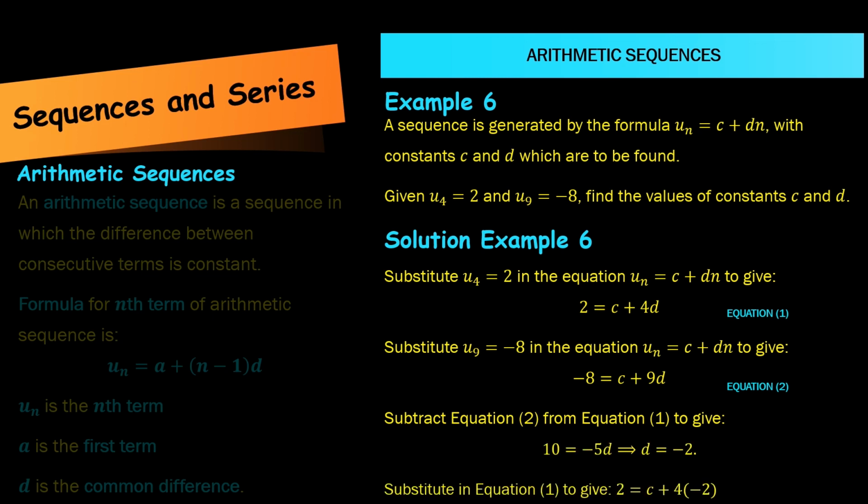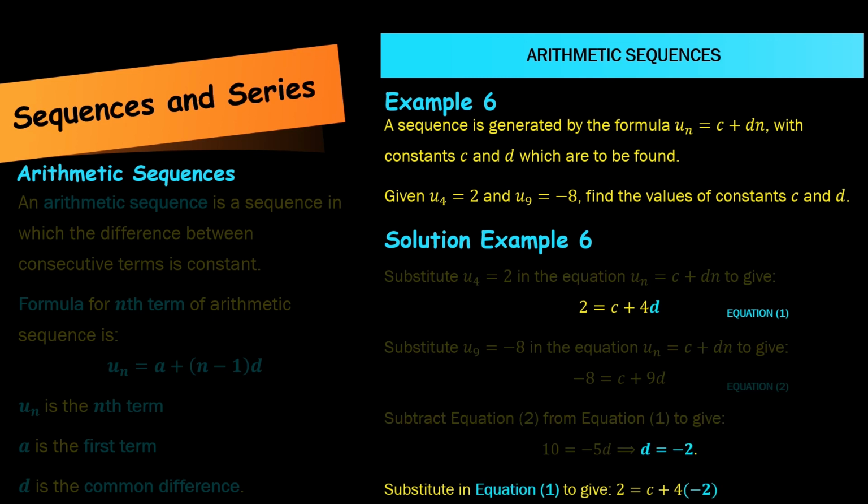We can now substitute this value of d into equation 1 to help us solve for c. So we have that 2 equals c plus 4 times minus 2, which is the value of d. And this, of course, implies that c is equal to 10.